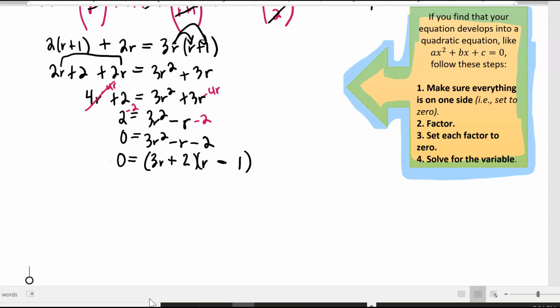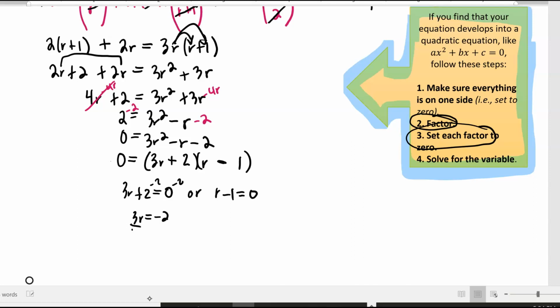Now what do you do from here? After you have factored, you do what? You set each factor to 0. So that's why we will set 3r plus 2 equals 0. And also r minus 1 equals 0. Subtract 2. 3r equals negative 2. Divide by 3. R equals negative 2/3.